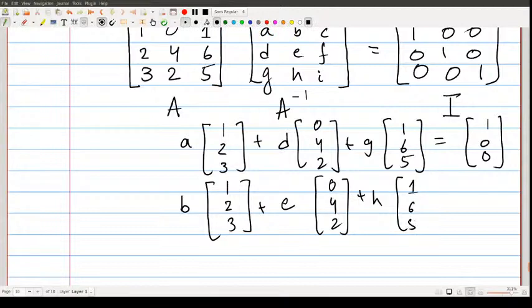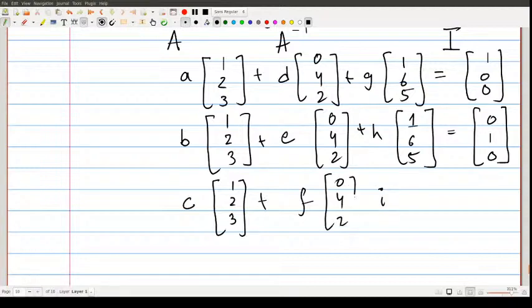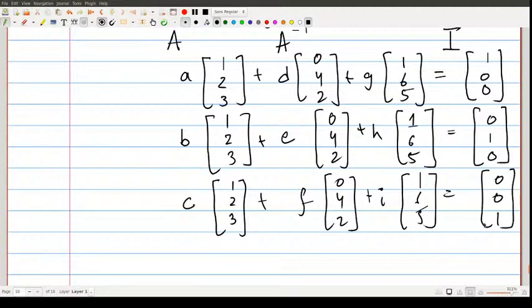And I'm hoping that I find some B, E, and H values that give me the vector 0, 1, 0. And finally, I'm looking for C, F, and I that combine 1, 2, 3, 0, 4, 2, and 1, 6, 5, and give me the vector 0, 0, 1, right?